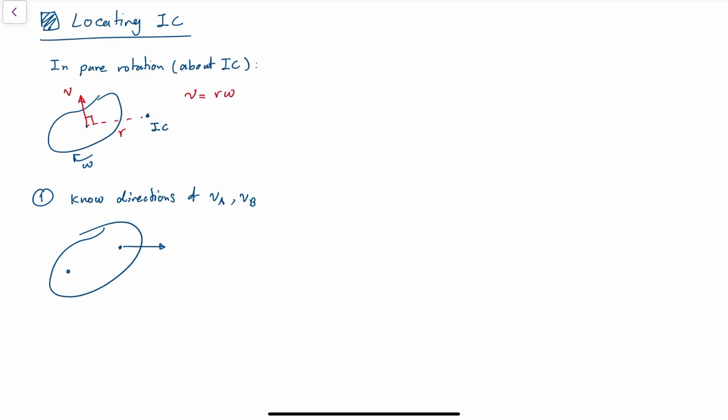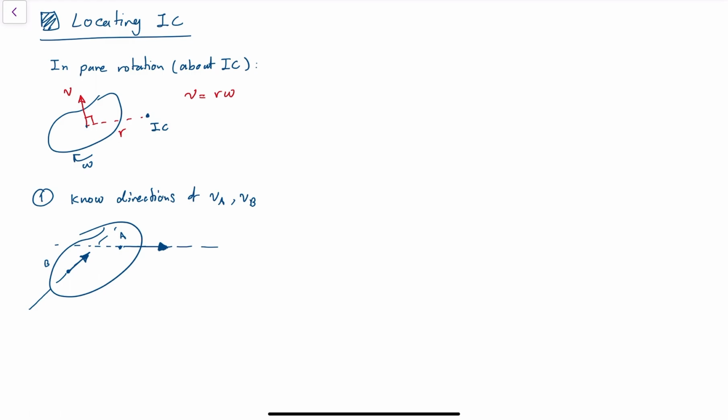You don't actually even need to know whether it is to the left or right, but it is along this direction. And point B, another point, has a velocity along this direction. This is VB, this is VA.